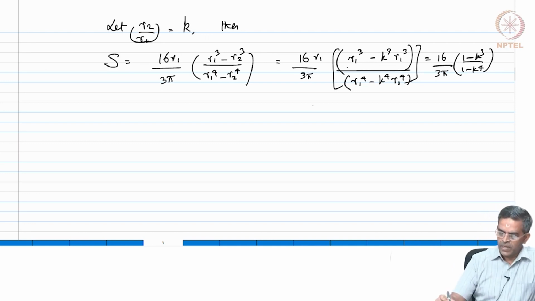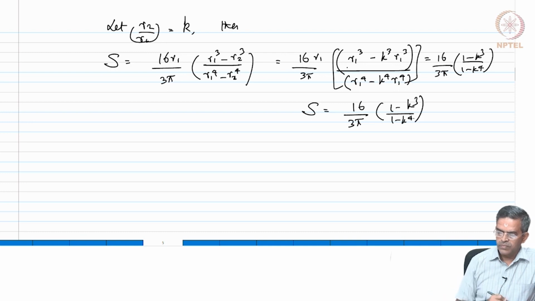Okay. So, shape factor is given by 16 by 3 pi (1 minus k cube) by (1 minus k⁴), where k is the ratio of the radii.